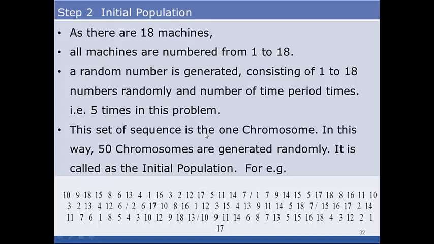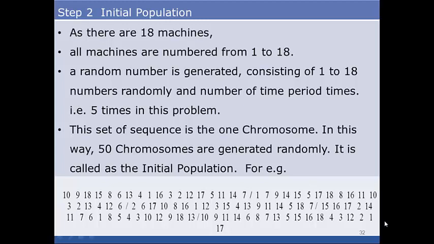But in my case, I have considered 5 time periods, means the current time period and 4 next time periods were anticipated. Means I have to consider 18 machines in 5 time periods. So the chromosome size was 90, as 18 times 5 is 90.